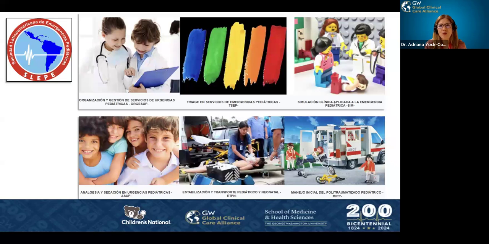We thought of the need for Spanish courses designed for our population, with a lot of inequality and low-resource countries. These courses have ongoing editions every year.